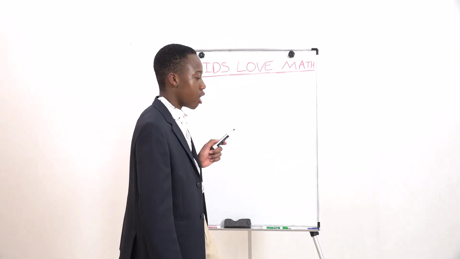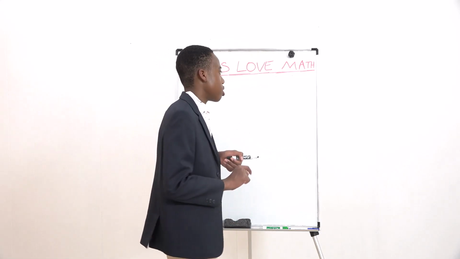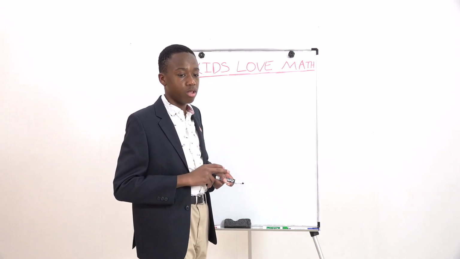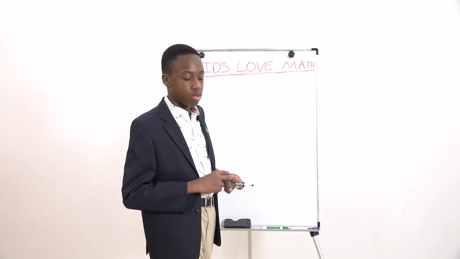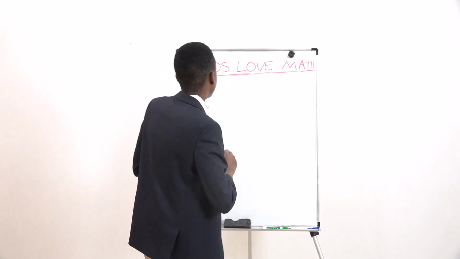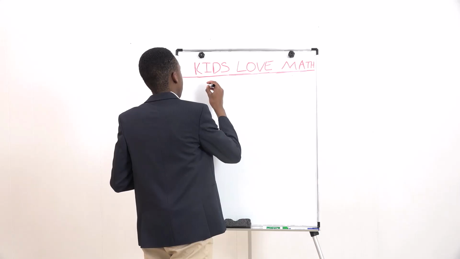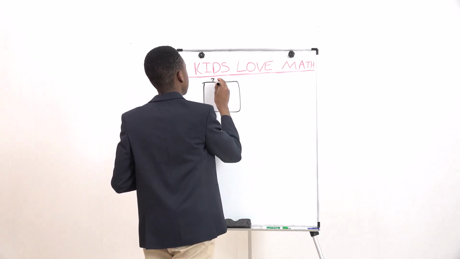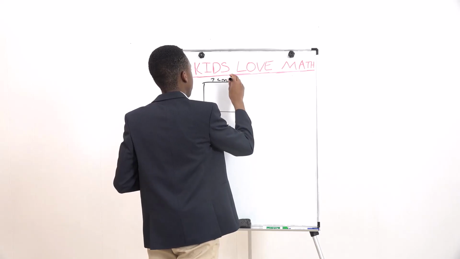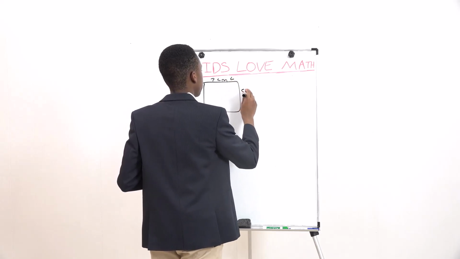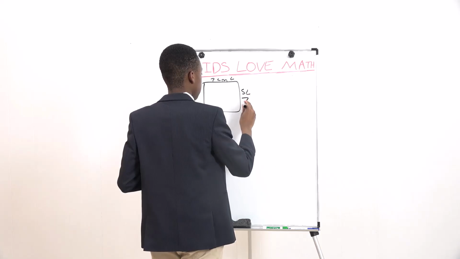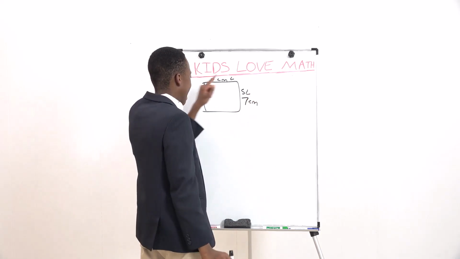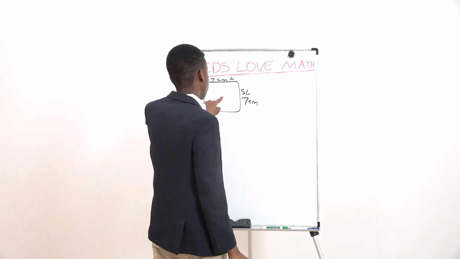Calculate the area for the square. Give me a few seconds, maybe pause the video, and solve it. Okay, if you're done: the square is 7 centimeters for the length, and the side length, still the same thing, is 7 centimeters. What is the area of this square?